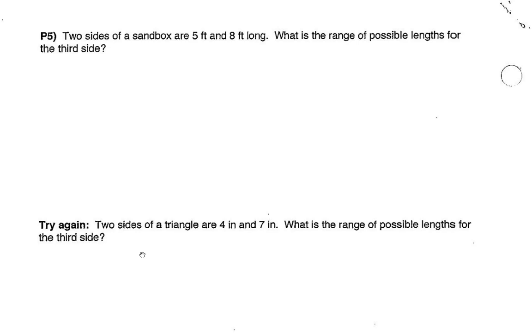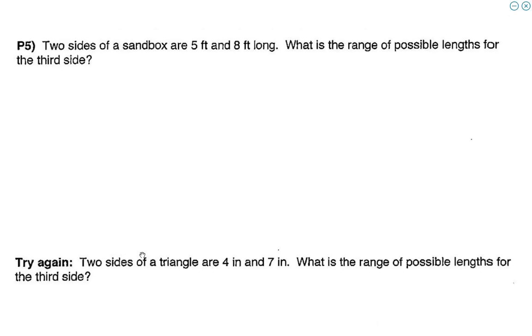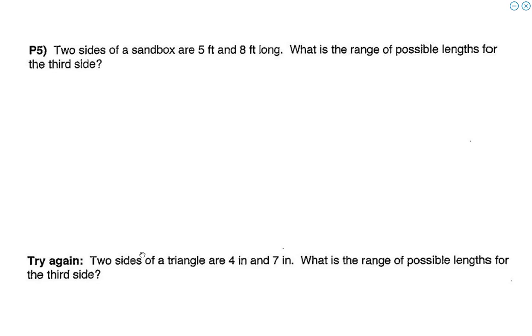All right, two sides of a sandbox are 5 feet and 8 feet long. Apparently this is a triangular sandbox. What is the range of possible lengths for the third side? So 5, 8, and x.